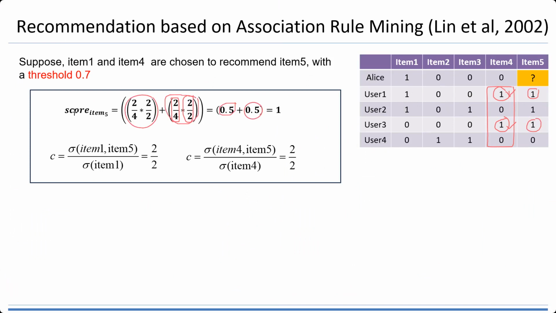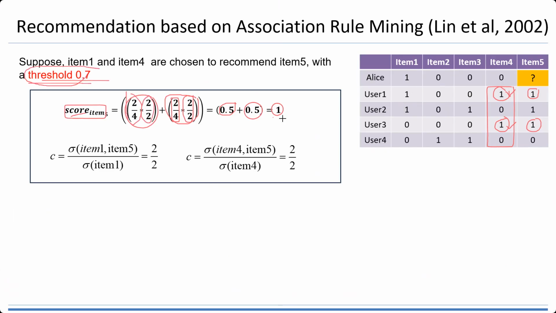Then the score is 1. So it depends on the threshold definition. You can have the threshold for the score, or you can have the threshold for the support, or you can have the threshold for the confidence. But usually we have the threshold for the score.